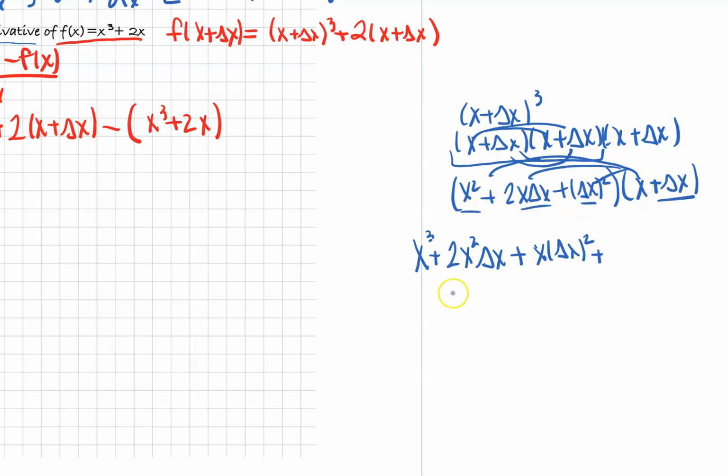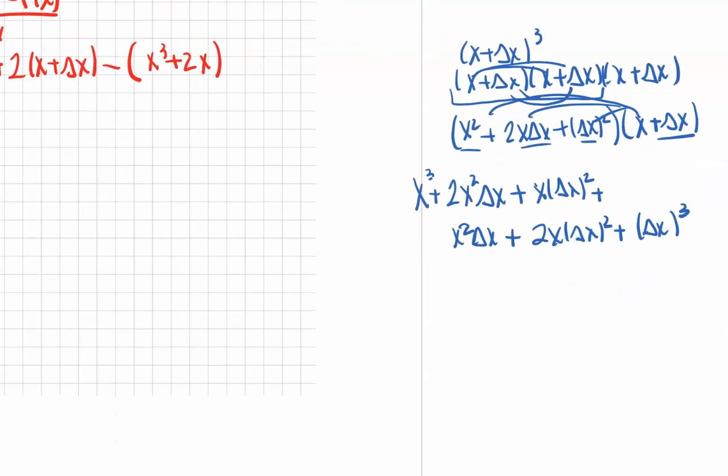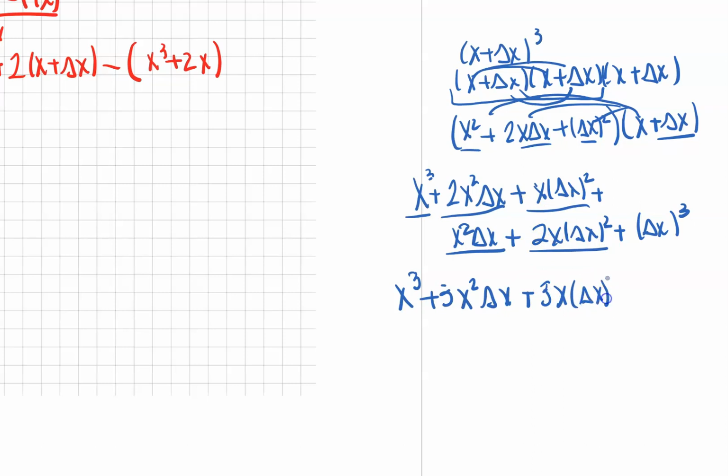That gives me plus x squared delta x plus 2x delta x squared plus delta x cubed. Now if you combine like terms, that gives me x cubed plus 3x squared delta x plus 3x delta x squared plus delta x cubed.